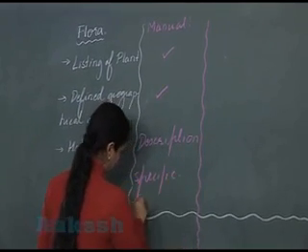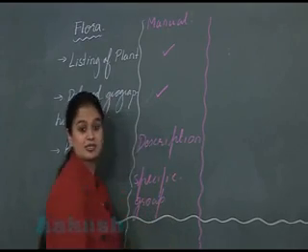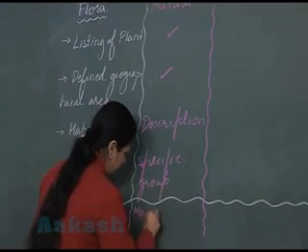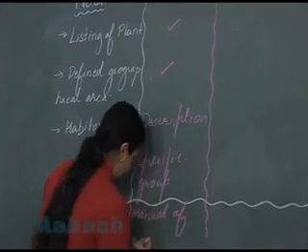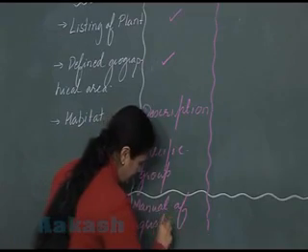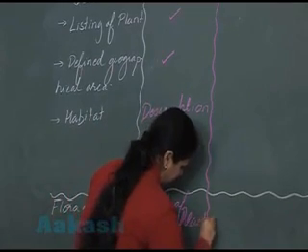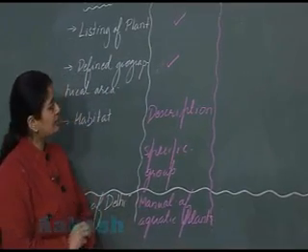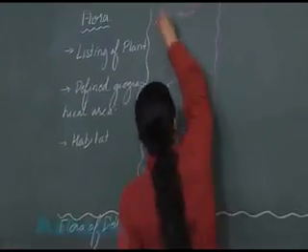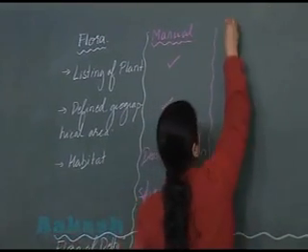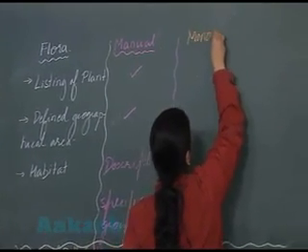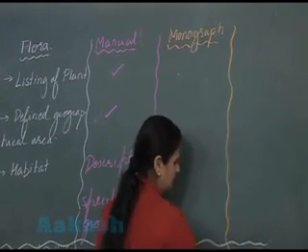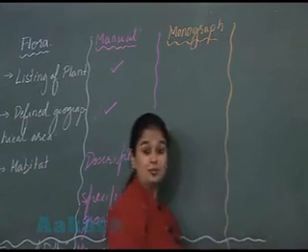Specific group of plants. Yes, so I am citing one example here, that is manual of aquatic plants. Got this? Now after the manual, the next taxonomic aid is monograph. What do you mean by mono?